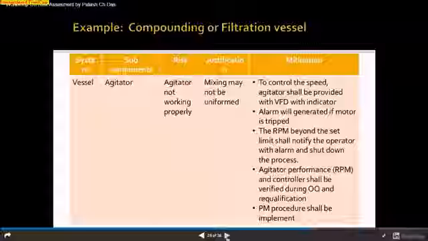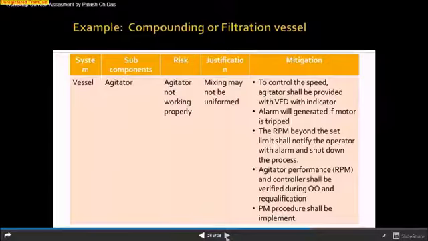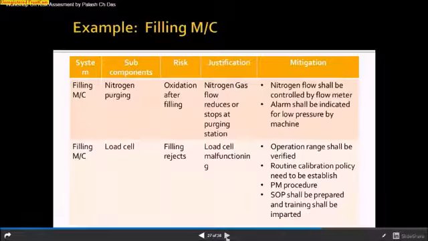Next is the filling machine. We are talking about a liquid filling machine. Suppose we have a nitrogen purging system. What is the risk? Oxidation after filling. So we put nitrogen. So nitrogen flow reduces or stops. This is the scenario. In that case, we can have a chance of oxidation. So as part of mitigation you should have a nitrogen flow meter, and that should control the proper flow.